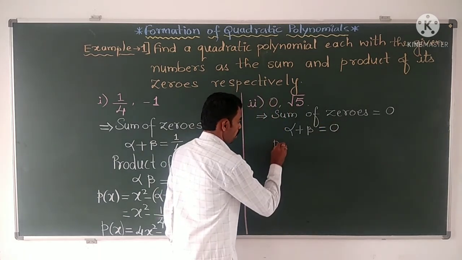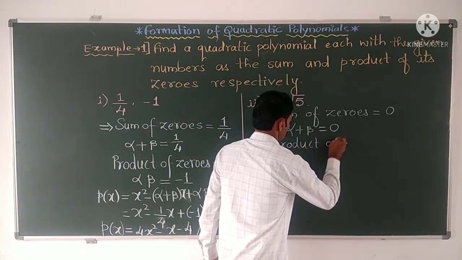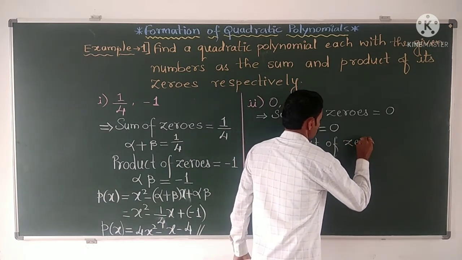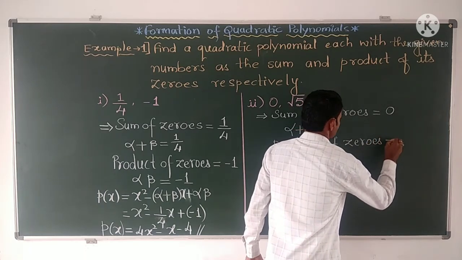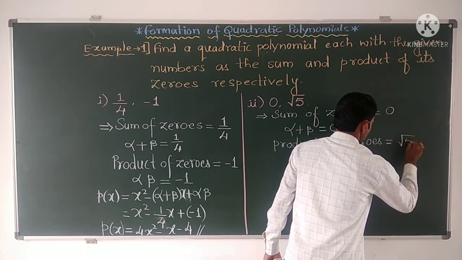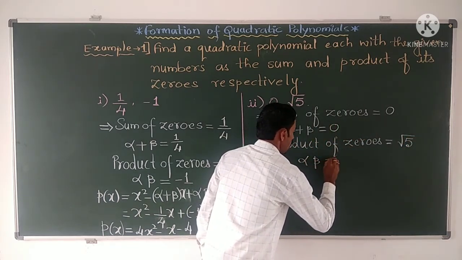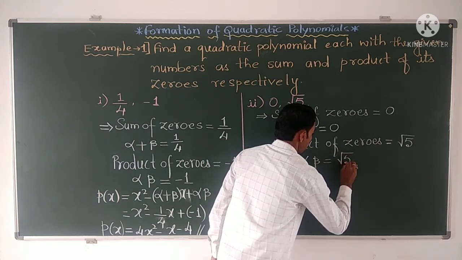Next, the product of zeros is root 5. That is, alpha into beta is equal to root 5.